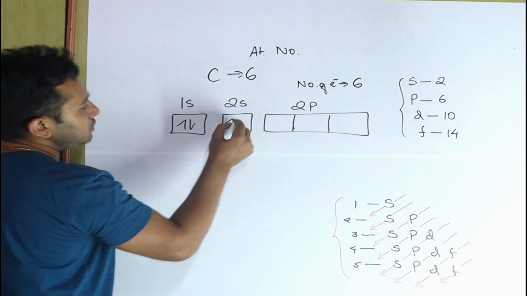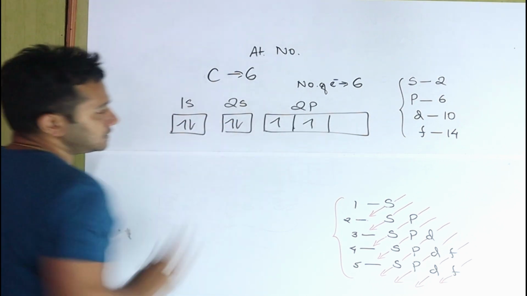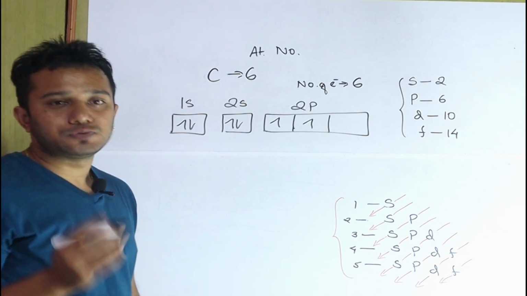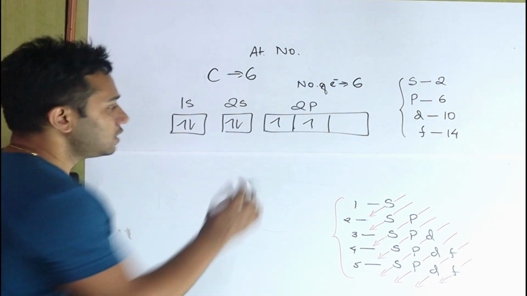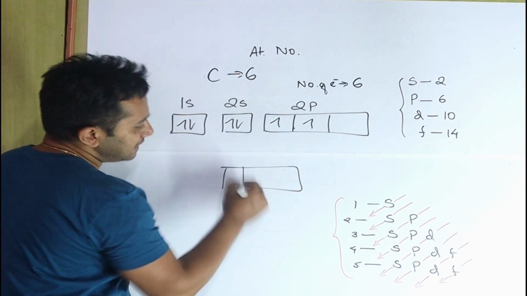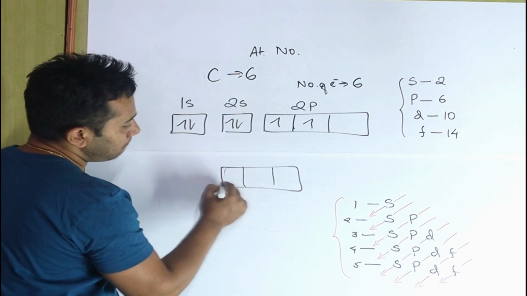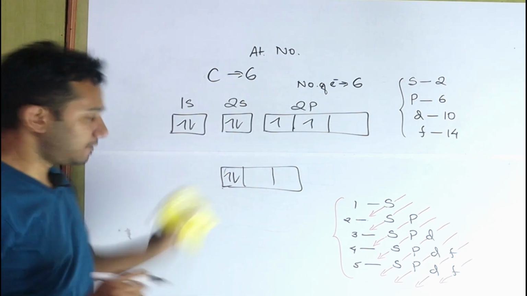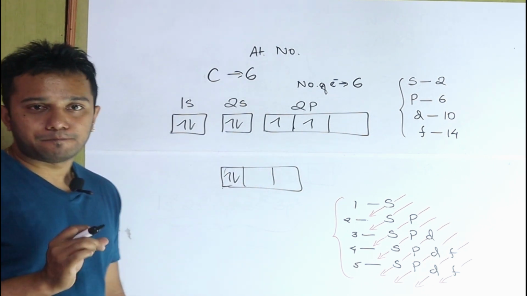So 1, 2, 3, 4, 5, 6. There are 6 electrons. Always remember, when we draw the p orbitals, I am not supposed to pair the electrons up.